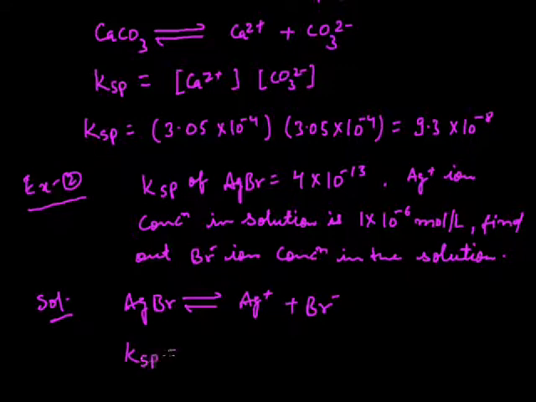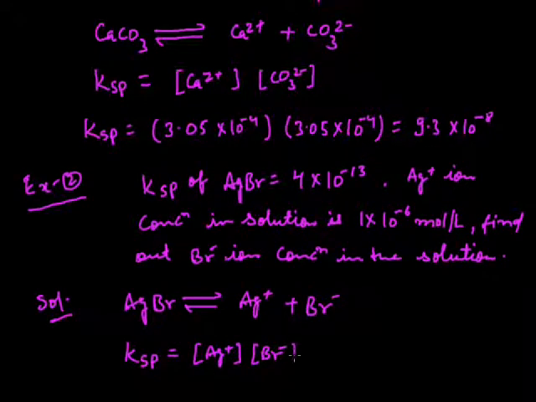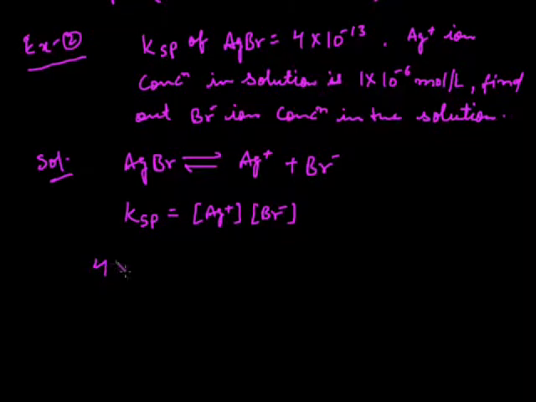Solubility product of AgBr is equal to product of concentration of silver ion and bromide ion. The value of Ksp is 4 into 10 raised to the power minus 13, and the silver ion concentration is 1 into 10 raised to the power minus 6.